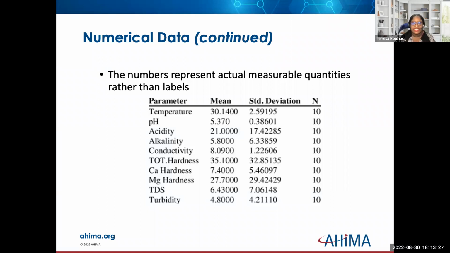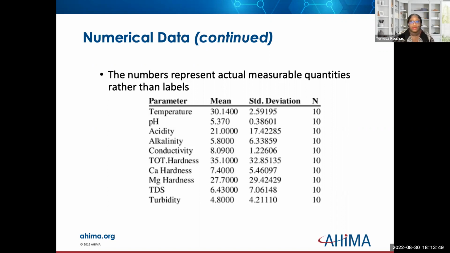Here are other examples that we look at. So the number represents actual measurable quantities rather than labels. When we're talking about this, we're not having to figure any of this out, but you have your mean, your standard deviation. So the number of motor vehicle accidents in a particular community, right?